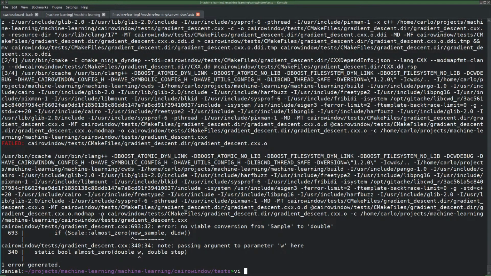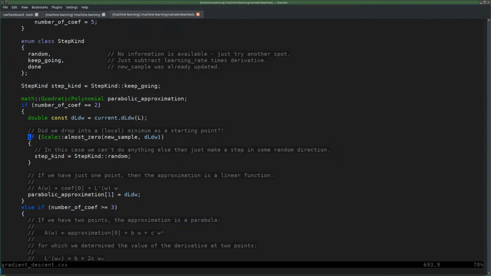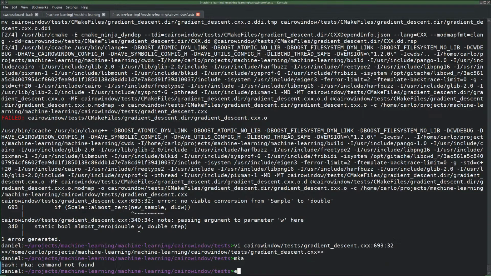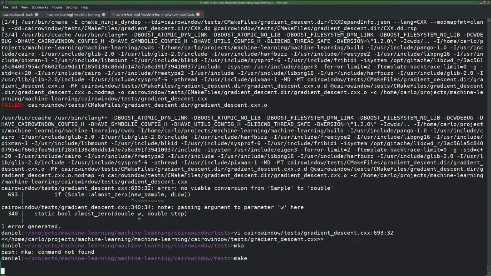And after it compiles. I can't convert to new sample. So I must take W, I guess. The E wanted to be independent. Independent.